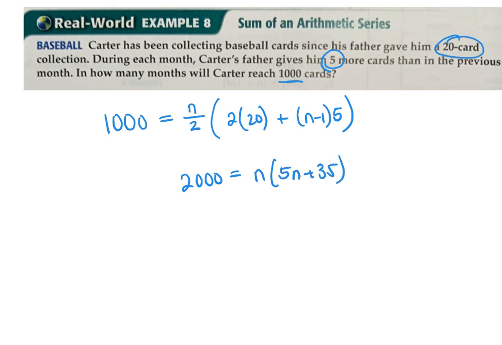So when you distribute and move that 2,000 over, you actually get a quadratic. 5n squared plus 35n minus 2,000. Quadratic formula, negative b plus or minus the square root of b squared minus 4ac over 2a, right? You will get a positive and a negative answer, okay? You can't have a negative number of months, so use your logic. Obviously, you're not going to use your negative answer there. And so you do have to use the quadratic formula, which hopefully you remember.